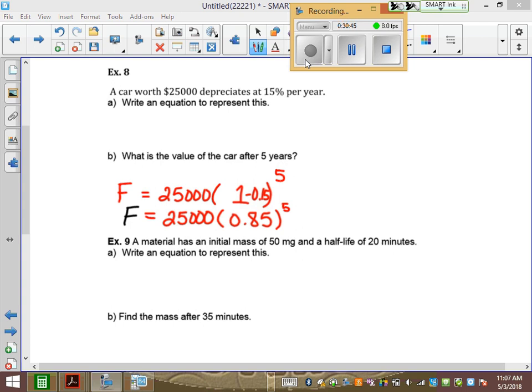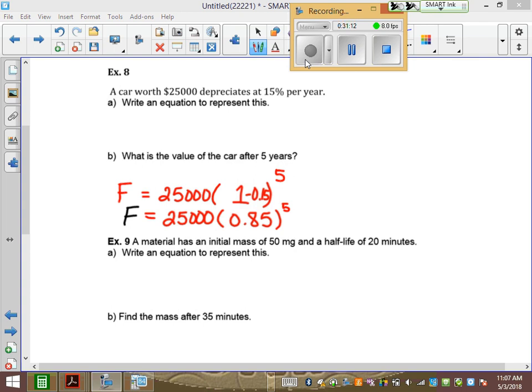If it's greater than 1, you went up, because 1 is you stayed the same, nothing changed. Greater than 1, you're going up by that much. Less than 1, you're going down, but by how much less than 1? Does that make sense? So many of you guys tell me it's depreciating by 85%. No, it's not. How far did it go down by? 15. I actually have 85% left, right?